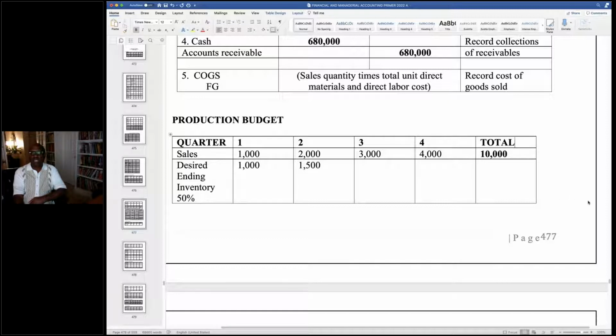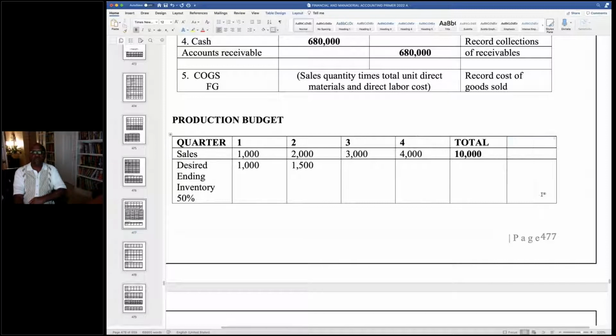Because I would have to know what 5 is. The column to the right. So what you're going to do is go to year 2. We've got to go to the next year.